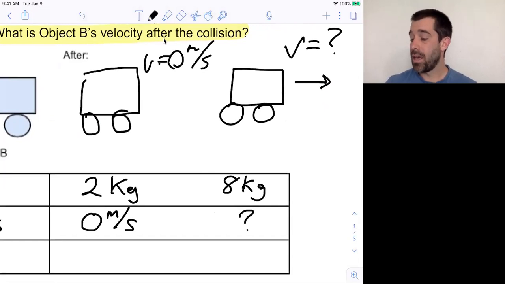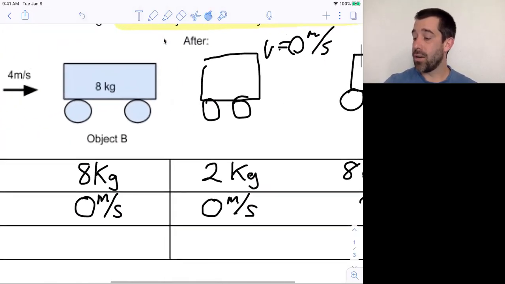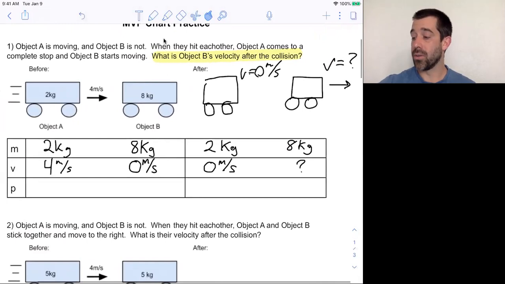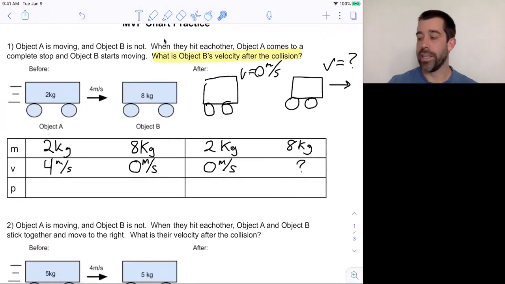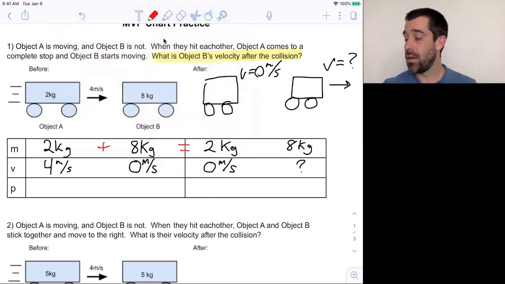All right, so I'm going to go ahead now and look at what boxes are missing. So I am missing the momentum for both objects before the crash. I'm missing the momentum for both objects after the crash. And I'm missing the velocity of object B after the crash. So I'm going to try to use some patterns in order to fill things in. I want to remind you, I'm going to write this in red, that the patterns in this chart are that you can add the masses on both sides and they should be equal.